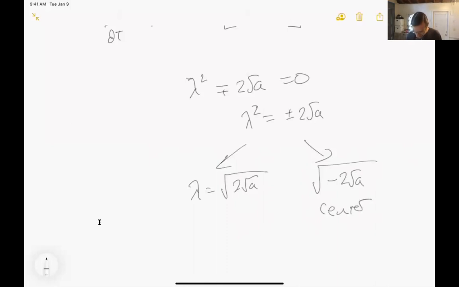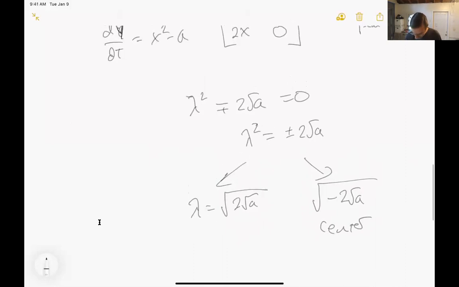And the other one, we've got a positive eigenvalue. Well, sorry. For each of those values, when we're at the equilibrium point, positive 2 root a, let's back up a minute.